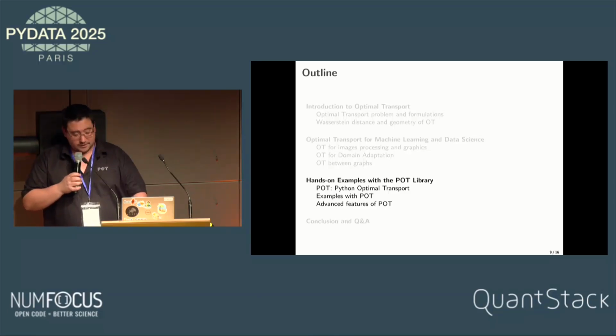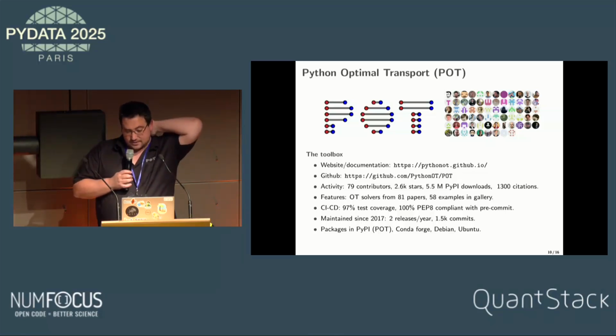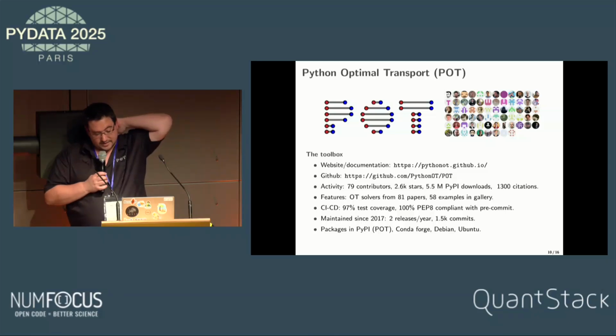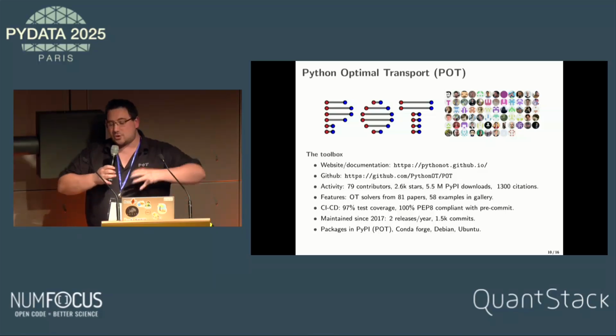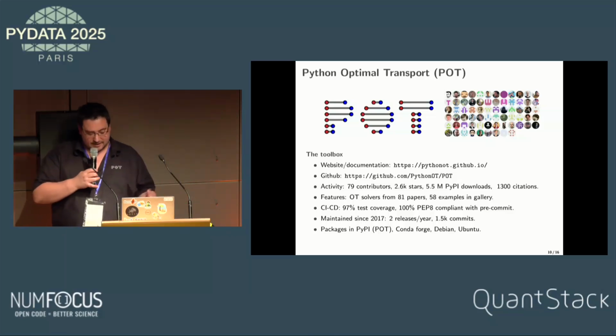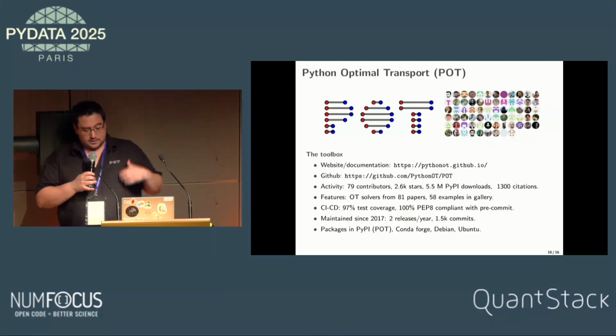Now I'm going to show you how to actually use it in Python with the POT library. So the POT library, we created it with Nicolas Courty in 2017, and I've been maintaining it for now 8 years. It's been a lot of work, but we're really very proud of it because we basically provide simple solvers for the majority of optimal transport variants. I will show you some examples. We implement more than 80 papers, and we are actually quite popular.